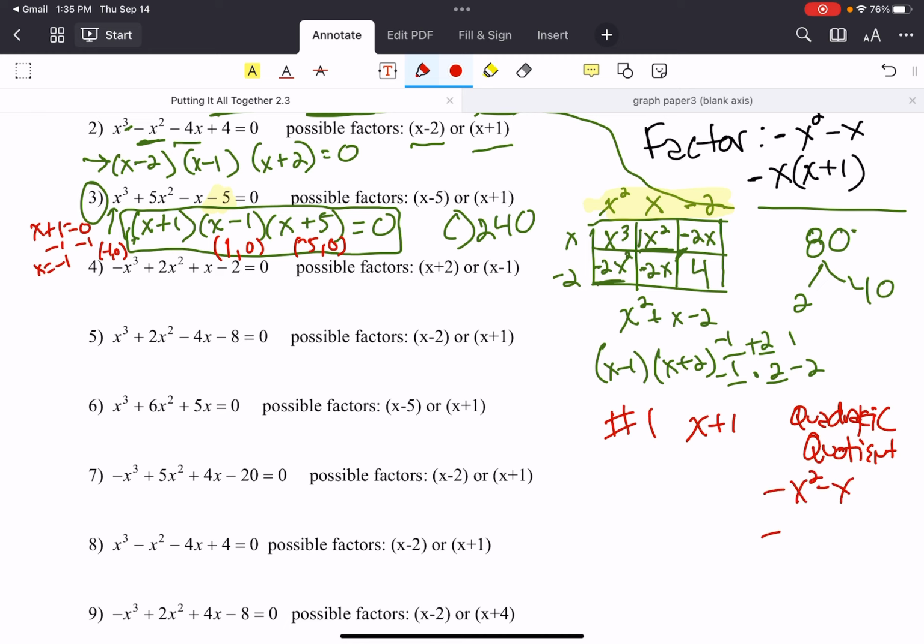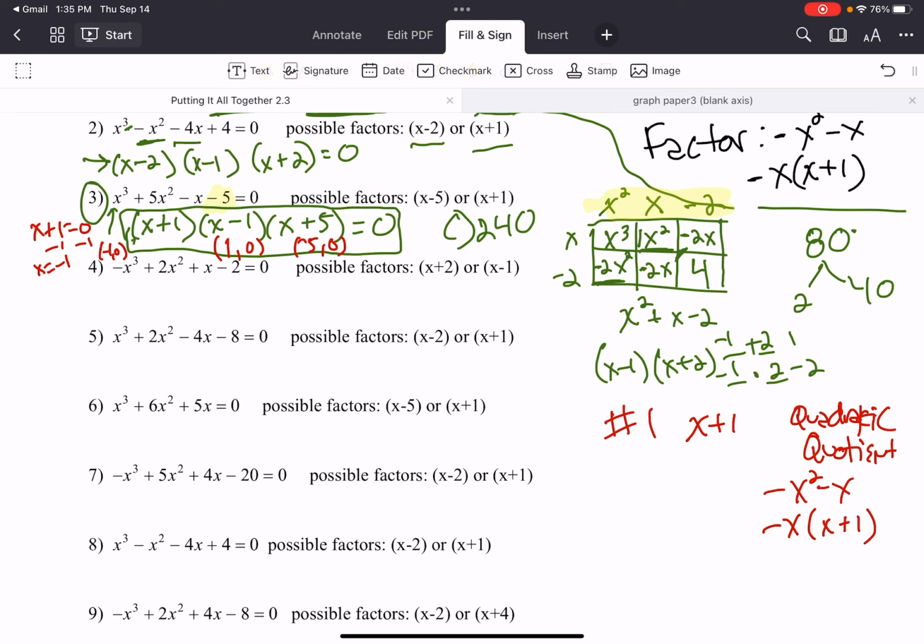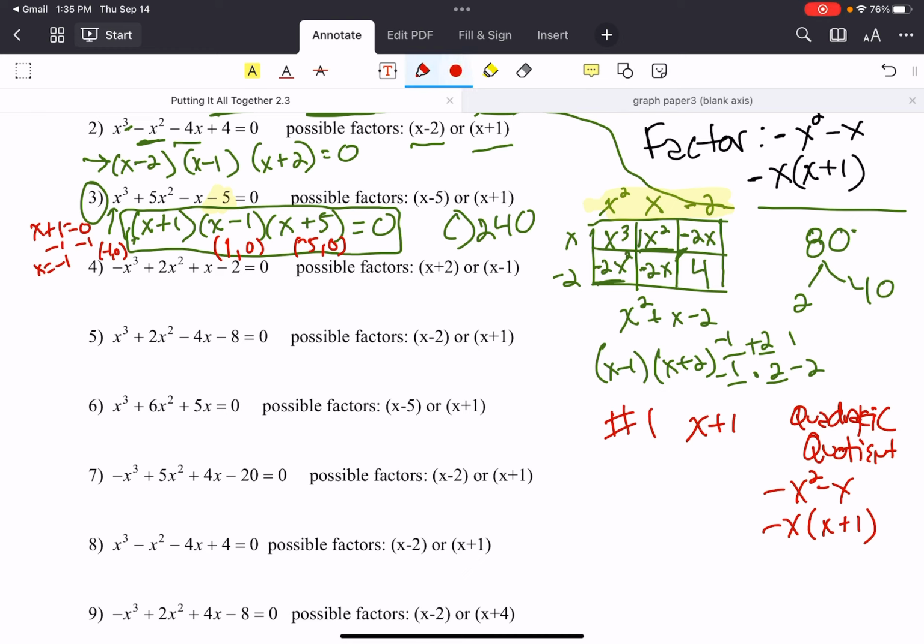When I factored that, I got this, okay? So then I think what you're asking is, once I have my quadratic factored and I know which one was my quotient, to get the factored form you're just putting the 3 x's together, right?